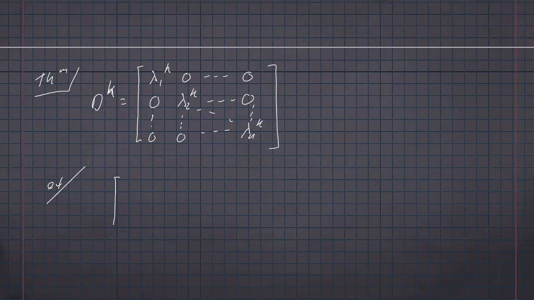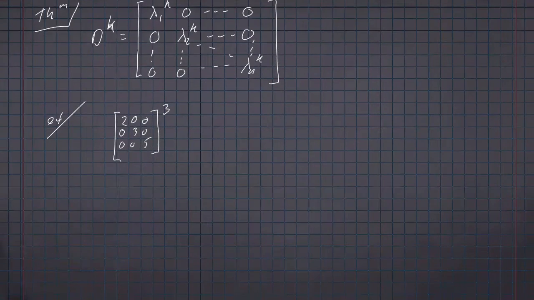let's take a look at a particular diagonal matrix. This is a 3 by 3 matrix with diagonal entries of 2, 3, and 5. Everything else is 0. And let's go ahead and raise that to the third power.